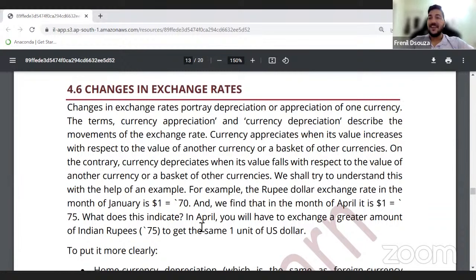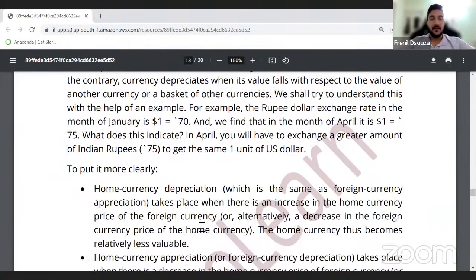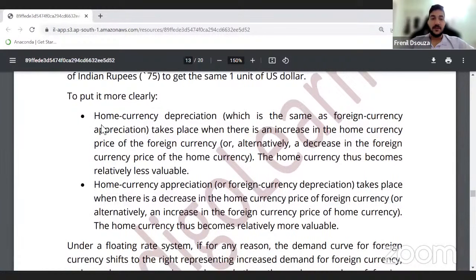Of course, when I talk about home currency, I say whether home currency depreciated or home currency appreciated, which means it becomes the opposite for foreign currency, right? When home currency depreciates, foreign currency appreciates, and when foreign currency depreciates, home currency appreciates. It's as simple as that. Now, there are two different things over here. Home currency depreciation, right? Same as foreign currency appreciation, they have written.